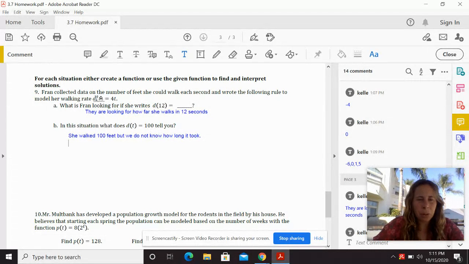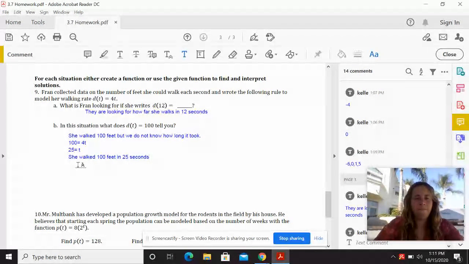So it'd be 100 equals 4t, just write the equation. And then you want to get t by itself, so you would divide both sides by 4. 100 divided by 4 is 25 equals t. So she walked 100 feet in 25 seconds. A weird thing for her to be keeping track of.